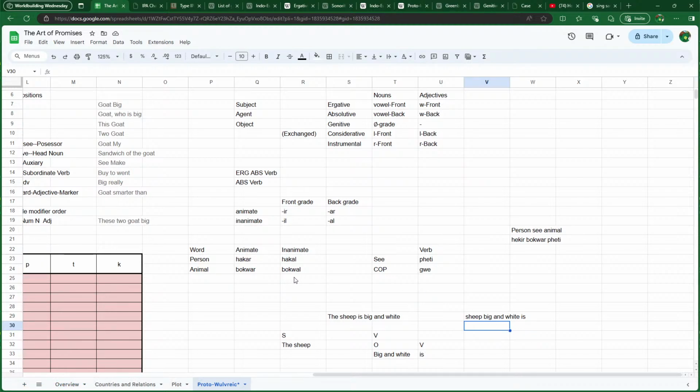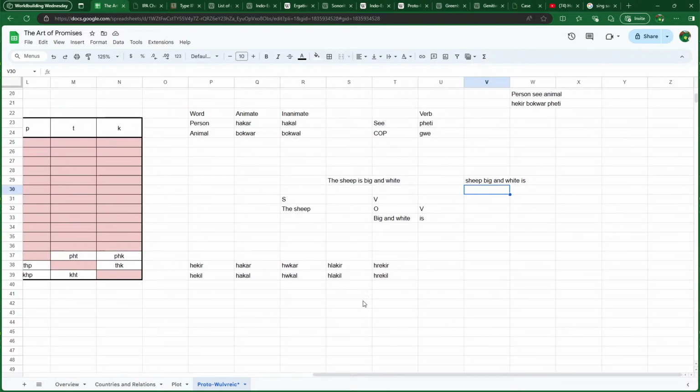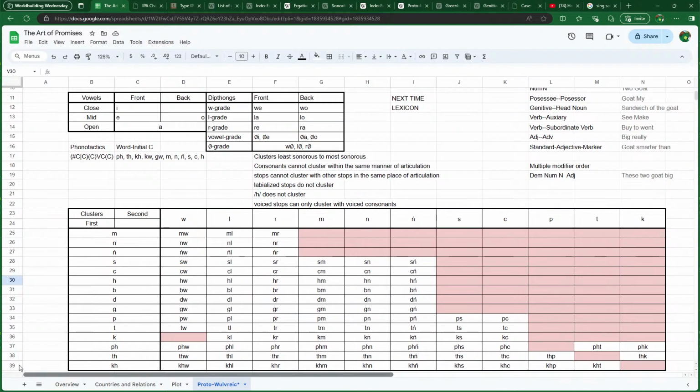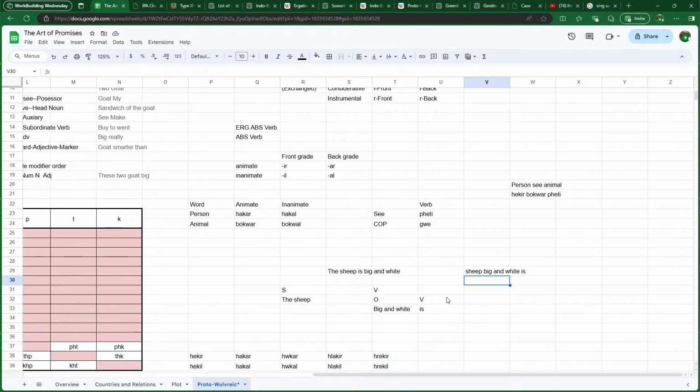The sheep, the ergative form is a front vowel. So it would be bequeer, bequeer, big and white.